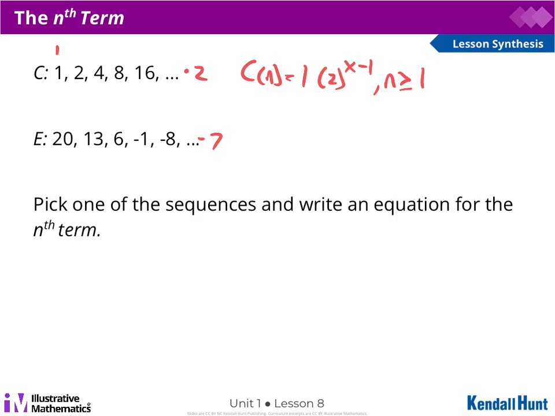So make the choice. Is your first number step 0 or is it step 1? Doesn't matter to me. I'll make this step 1. I'll call the next one step 0, and we will see that e of n is equal to 20 minus 7 times n for n greater than or equal to 0.